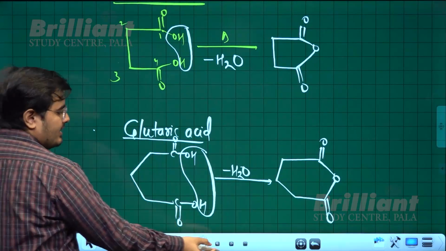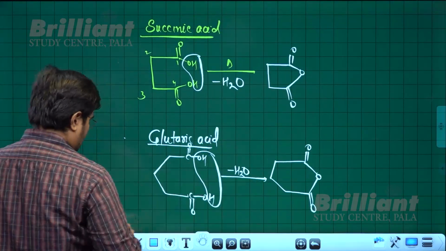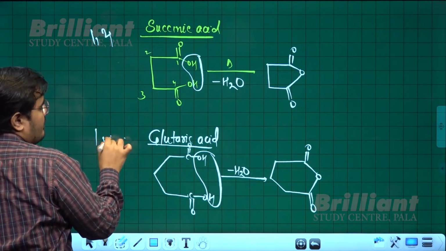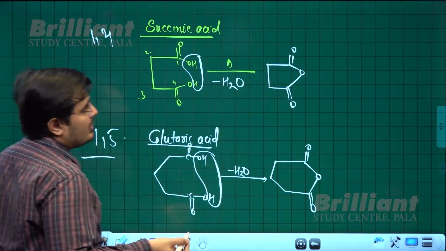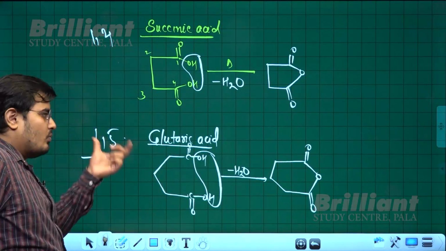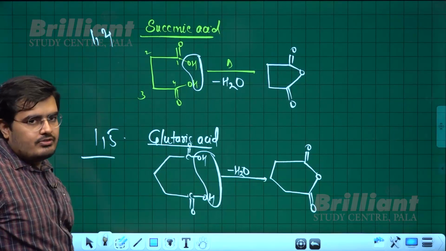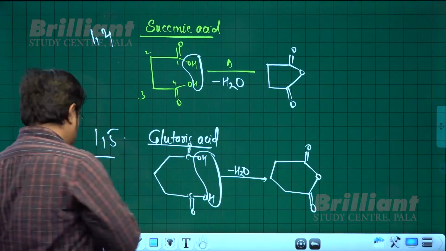So this happens in case of 1,4 and 1,5. With 1,3 you have seen decarboxylation; 1,4 and 1,5 undergo dehydration to form the cyclic anhydride.